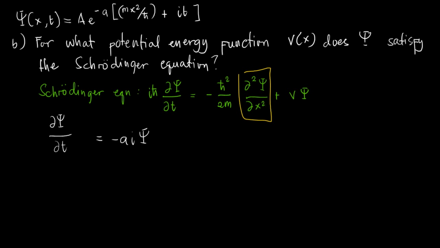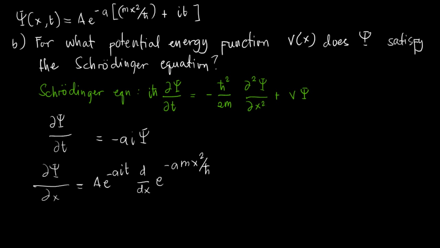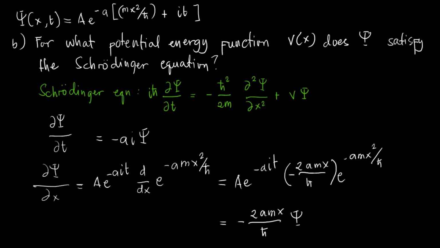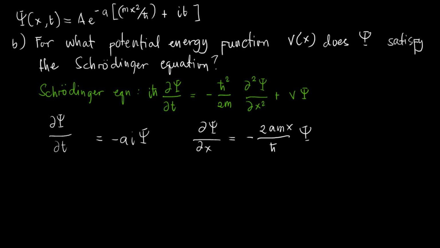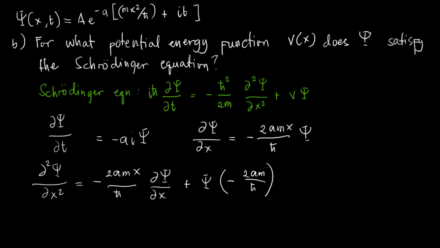Now let's take the second derivative of psi with respect to x. Factoring out negative 2am x over h bar, we get the equivalent of psi. Now, let's differentiate it once more. Here, we used the product rule.